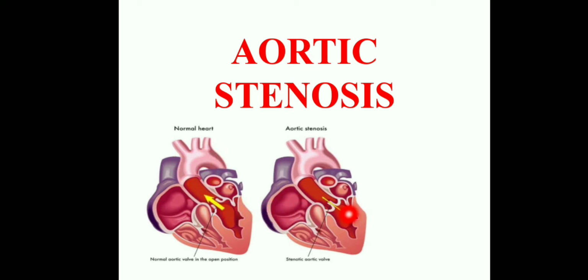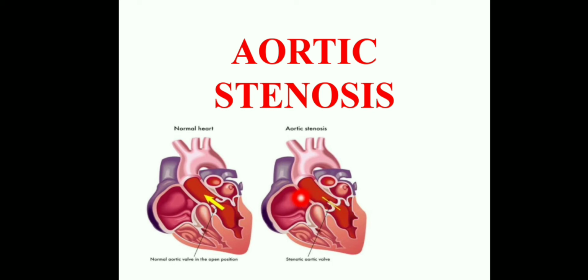But in this condition, aortic stenosis, what happens here? The aorta has one valve, and that valve has stenosis. What is the meaning of stenosis? Stenosis is an abnormal narrowing of a passage within the heart valve, that is, in the aorta.